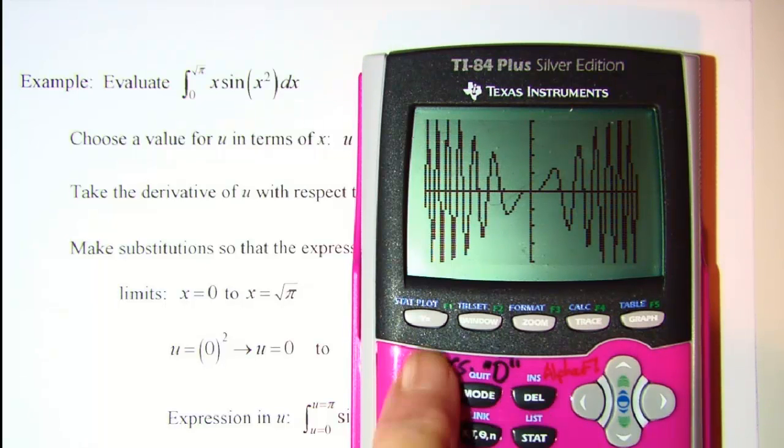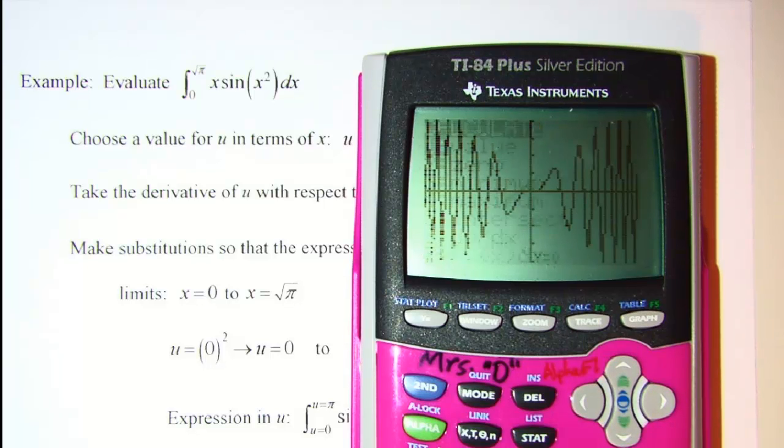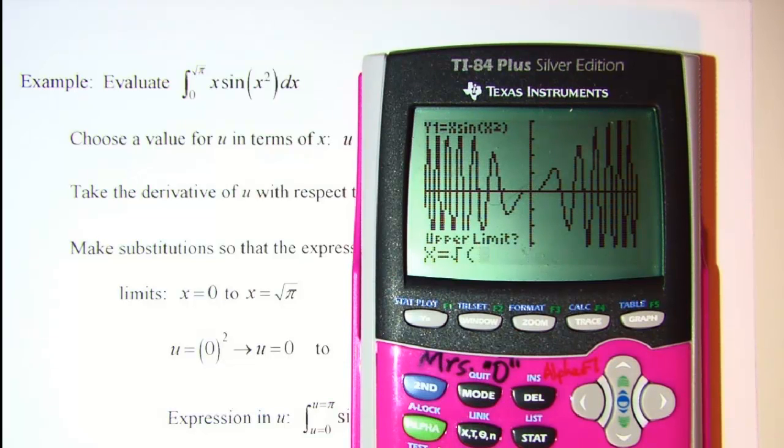And we want to evaluate the integral, which is choice number 7, from 0 is my lower limit, and my upper limit is square root of pi. Square root of pi. And we get 1.